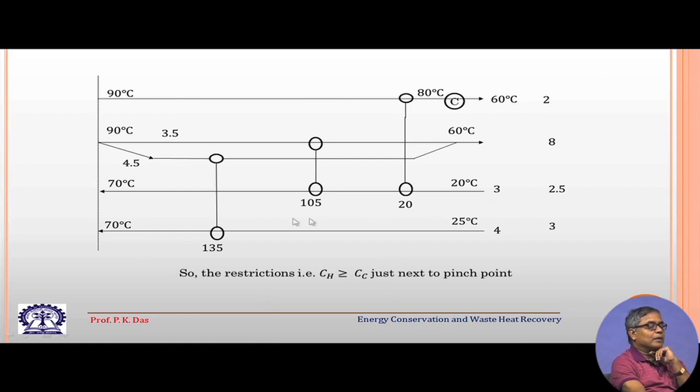Now, you see we are starting from the pinch point, and one heat exchanger we propose like this, and we have split the heat capacity rate, one is 3.5 and another is 4.5, these are the heat capacity rates. So, one heat exchanger we can consider like this, the next heat exchanger we can consider like this, and with the first heat exchanger after the pinch point, this stream's condition is matched and we can tick off this one.